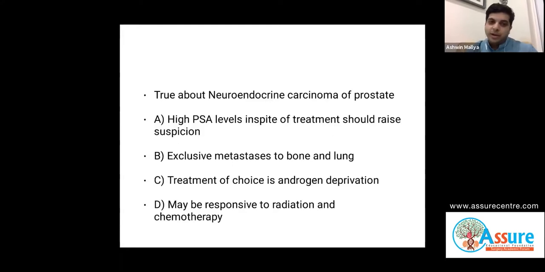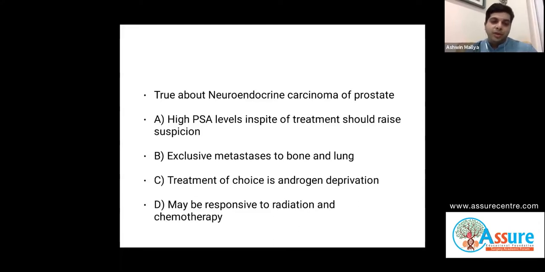So it does not give exclusive metastasis. Again, that is a false option. Again, a treatment of choice is androgen deprivation. As I said, it is not hormone dependent, it is not androgen dependent. So treatment of choice is definitely not androgen deprivation.